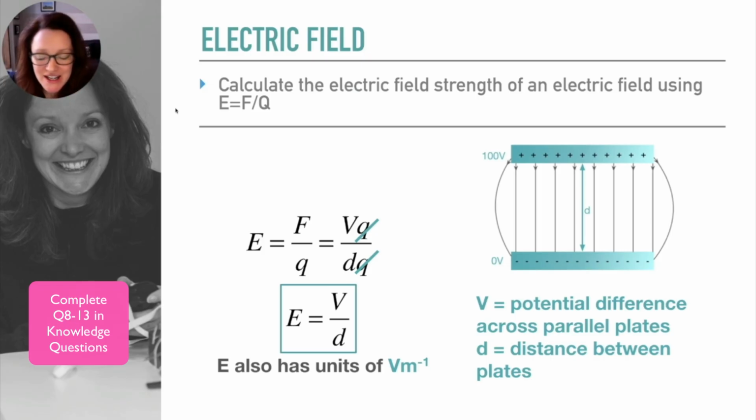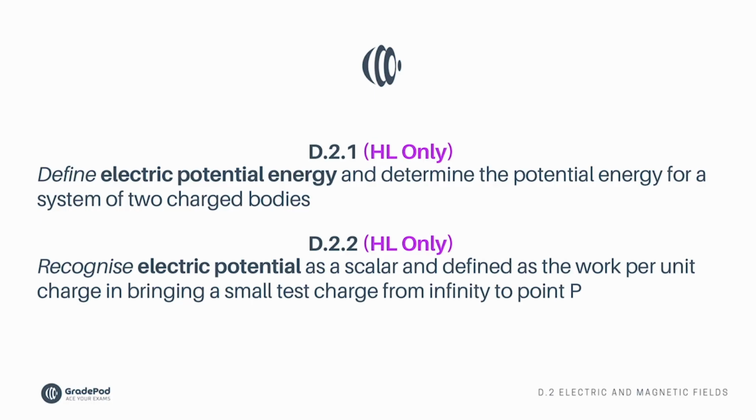And what that does is give us another set of units for electric field strength, because previously we said the units were newtons per coulomb because it was F over Q. But now we've got volts over meters, we can say that our units are volts per meter. So there are two sets of units for electric field strength of a uniform field.